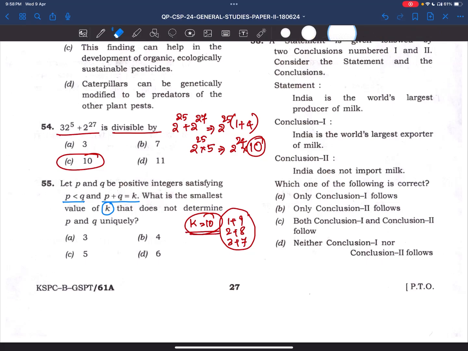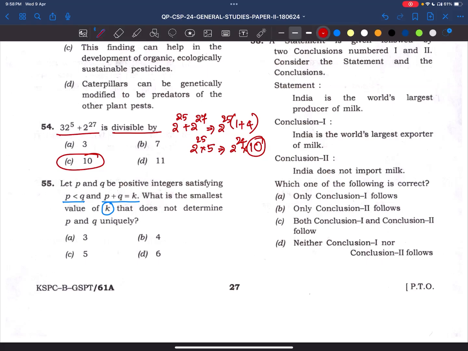Okay, so let's see. P is less than Q, right? So 1 plus 2, if P is 1, K will be what? K is equal to 3. If K is equal to 3, we can represent the sum K only with the unique values of P and Q as 1 and 2, right?